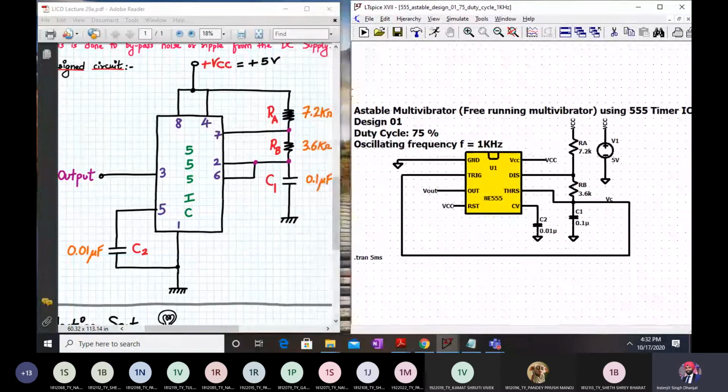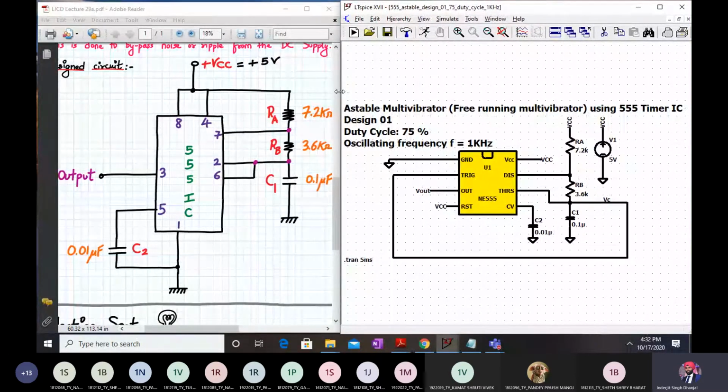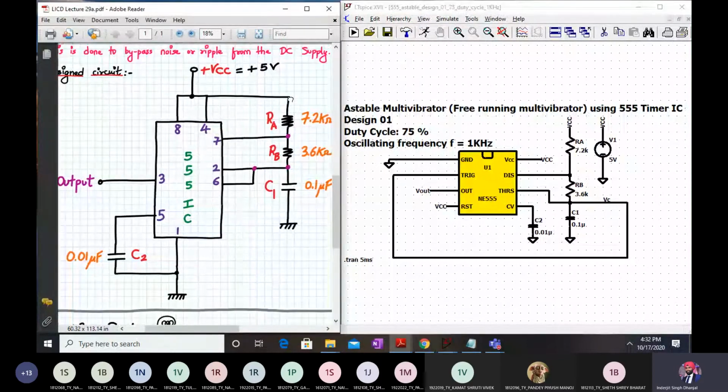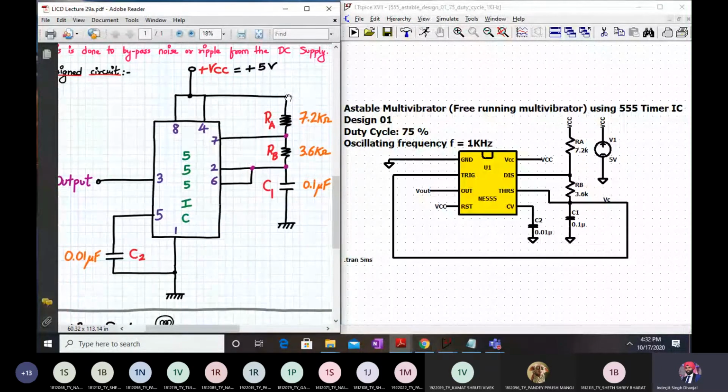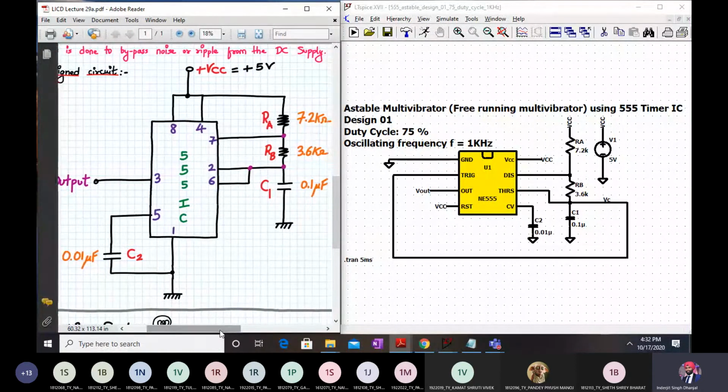Okay, he was a Swiss engineer, Hans Camenzind. He was the engineer and inventor of the NE555. He was working with Signetics as an engineer, and during that time he invented this 555 timer IC. I have shown you two videos also, explaining his experience.